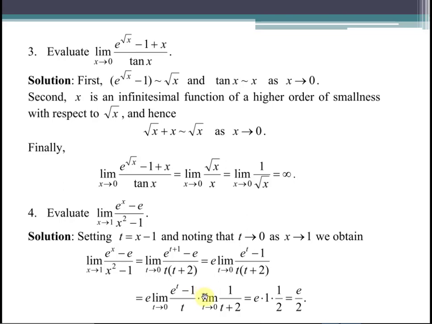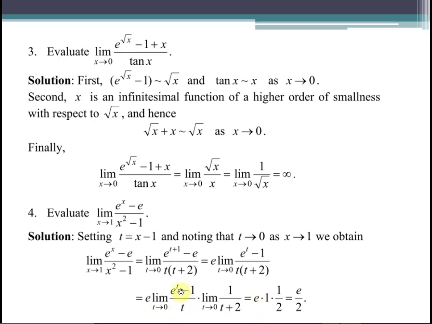Then we can write these two factors separately: e is the coefficient, times the limit as t tends to 0 of (e to the power of t minus 1) over t, and the limit as t tends to 0 of 1 over (t plus 2), and then we get e.